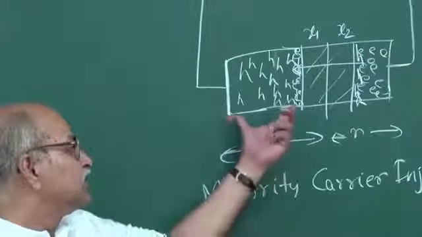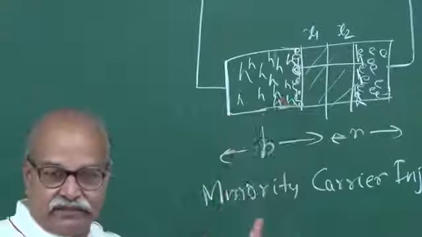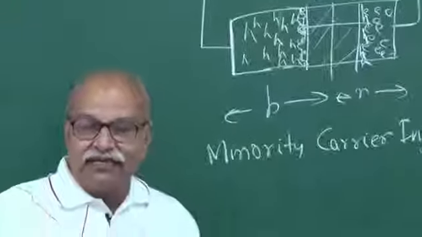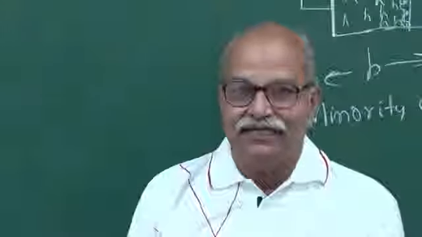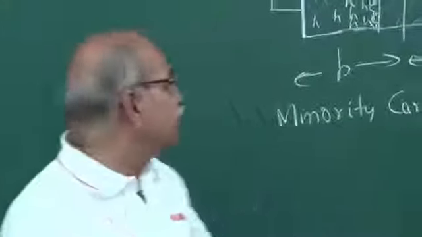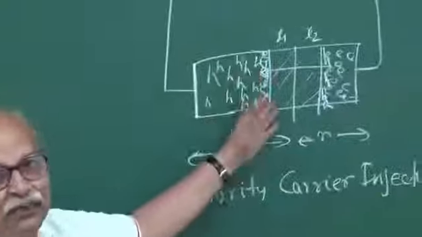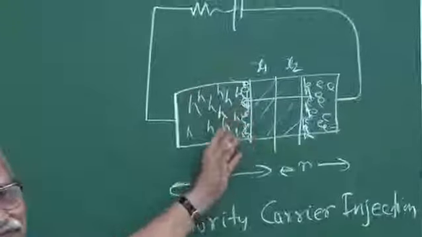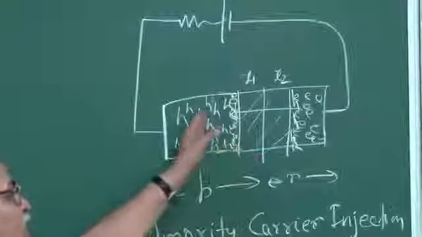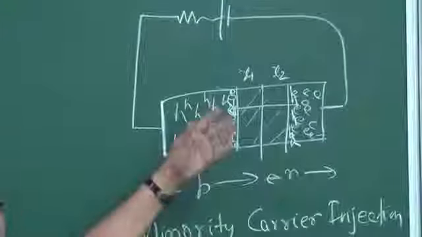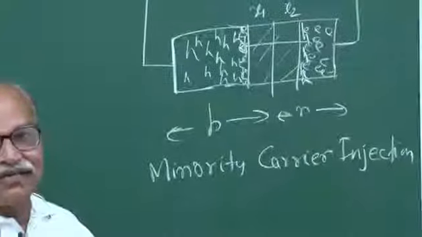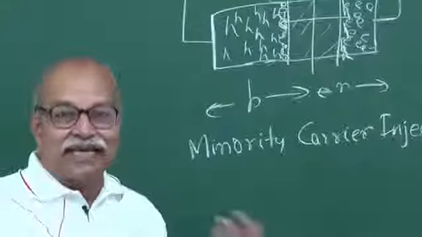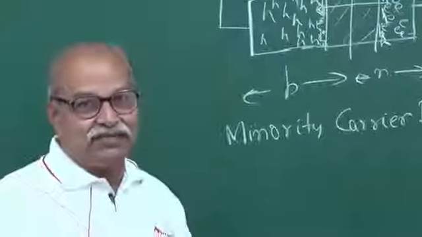and if this width is sizable, then in the process these electrons can combine with the holes because there are so many holes sitting here. So when the electron combines with the hole, that charge equilibrium or steady state condition will be disturbed.